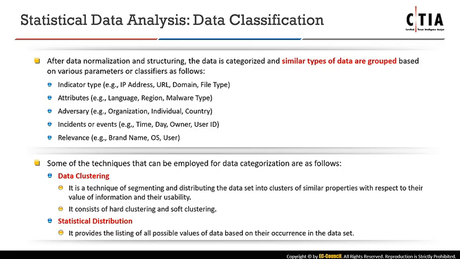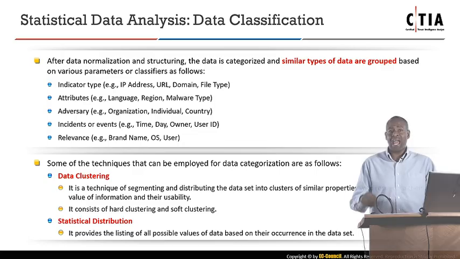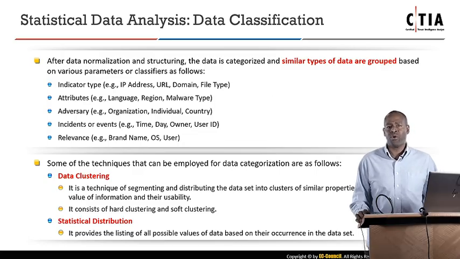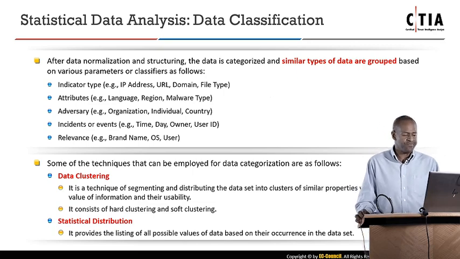Other times they are only using those specific parameters that we've classified earlier. Also, we look at statistical distribution, and these are all the possible values of data in the set, and we'll look at how they're distributed. This is what we call a normal curve. We'll talk about that in just a few moments.